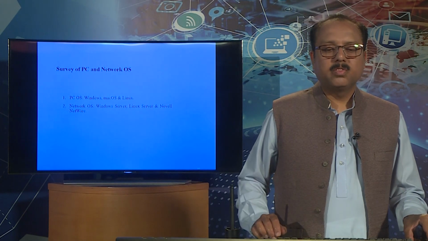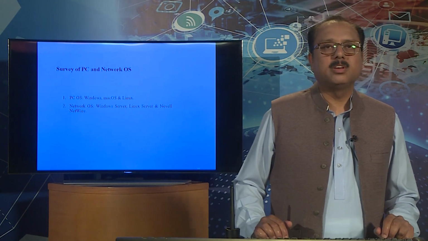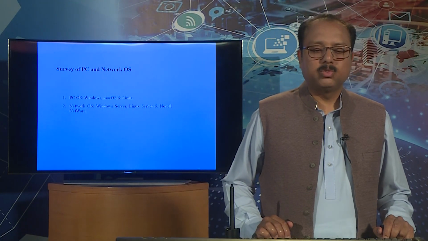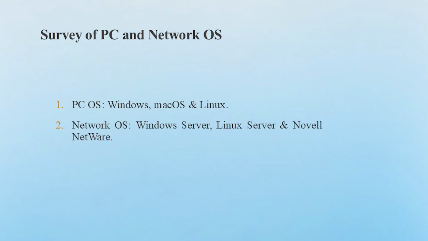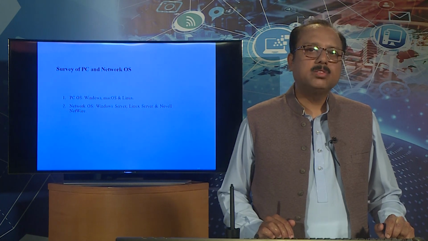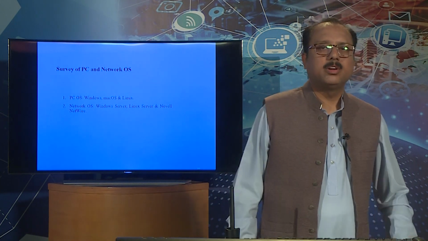The next topic is survey of personal computer and network operating system. This is one of the most important topics of this unit. We have divided it into two main parts. Number one, PC operating system, that is Windows, Mac operating system and Linux, and number two, network operating system, that is Windows Server, Linux Server and Novell NetWare. Let us take a brief summary of common PC and network operating systems.